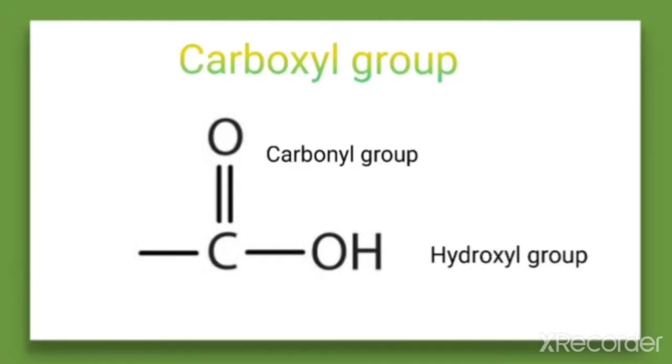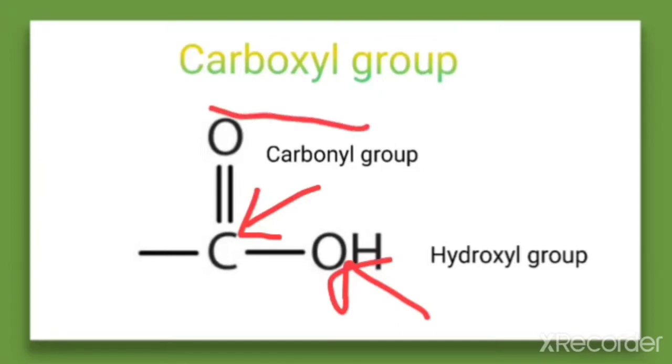So the carboxyl group has a carbonyl group, that is C double bond O, which is attached to the hydroxy group, that is OH. Hence it is named a carboxyl group, a mixture of these two names, carbo and oxyl.